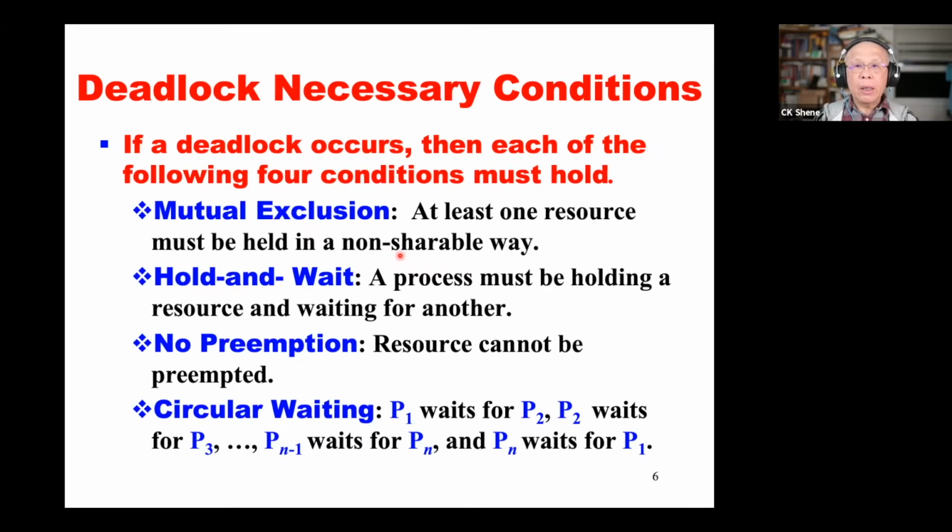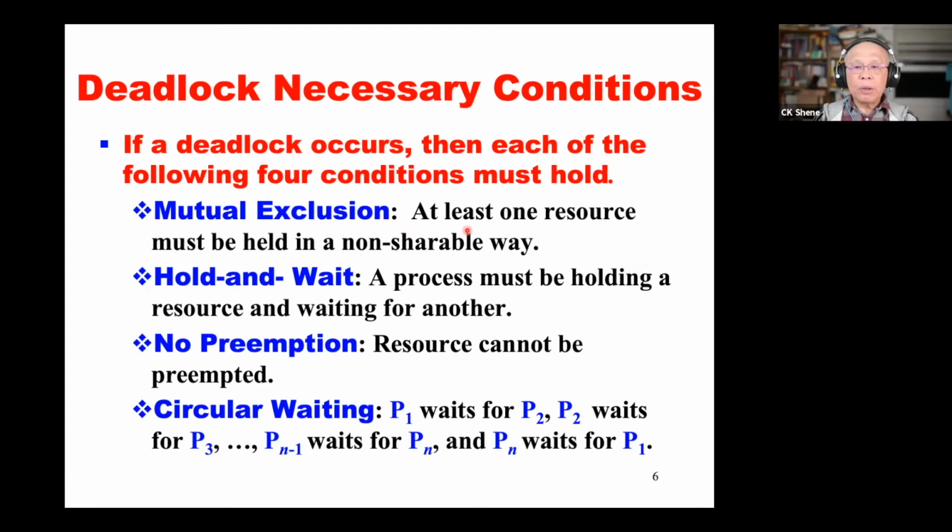So basically, if you have mutual exclusion in your system, there could be a chance that deadlock could happen, because I get the resource and it has to be used in a mutually exclusive way, but I want something being held by you, which is also used in a mutually exclusive way. Then I'm waiting for you and you wait for me. So that is the mutual exclusion condition.